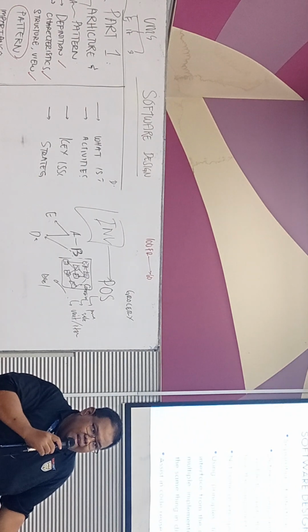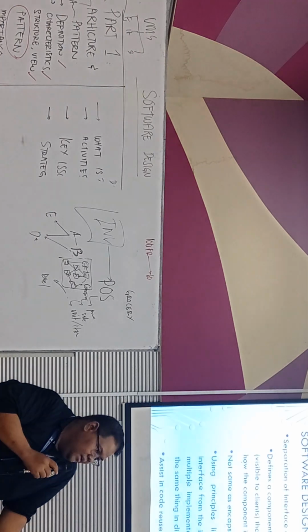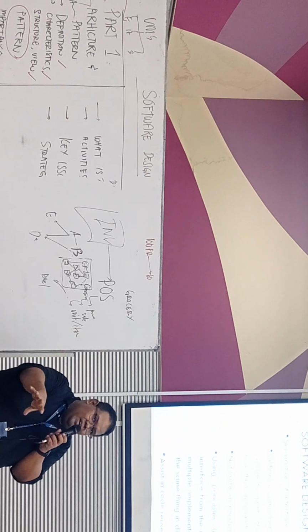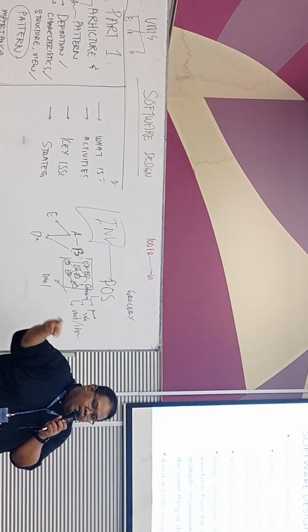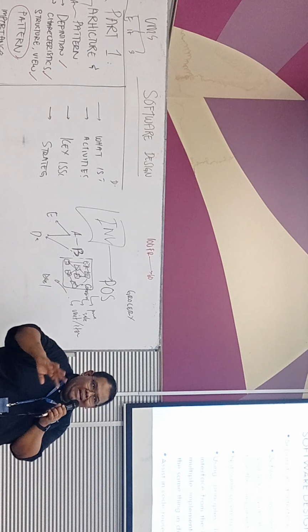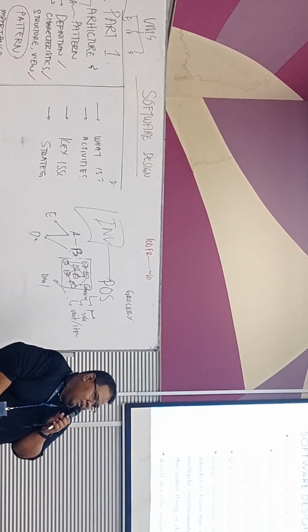Yes, true, but actually it's easy for us to reuse. When you have loose coupling, if I want to reuse a certain component, I don't have to pick up everything and put it into the new system. I just pick up one component and put it into a new system, because loosely coupled means that it doesn't depend too much.